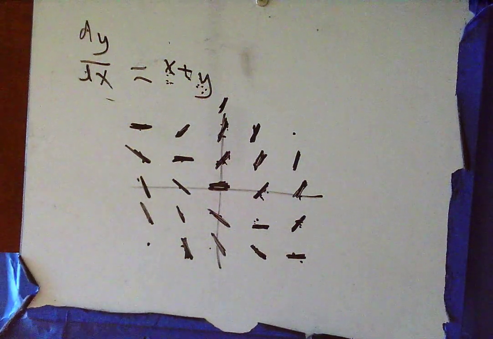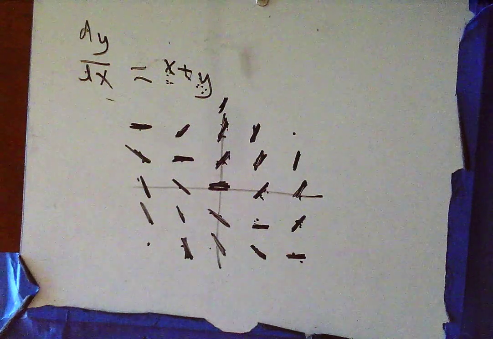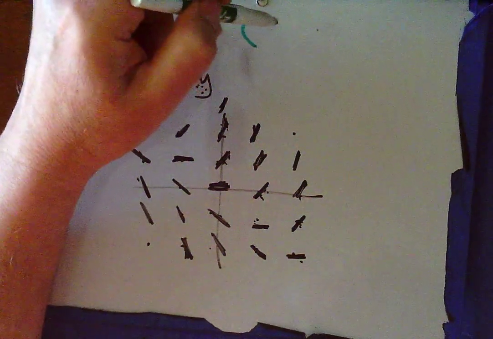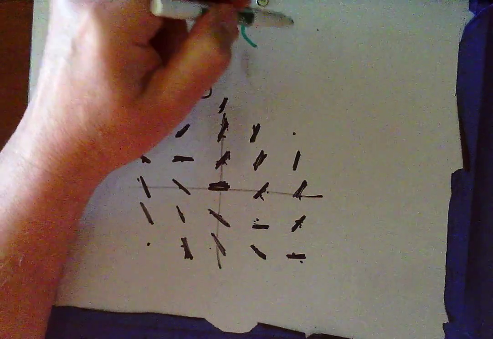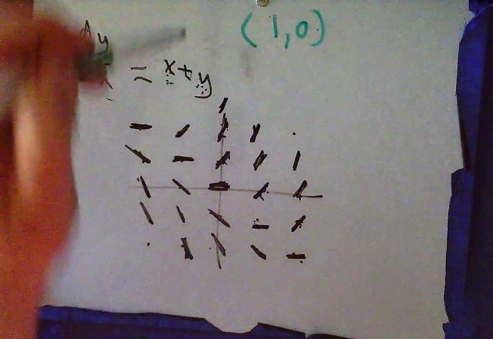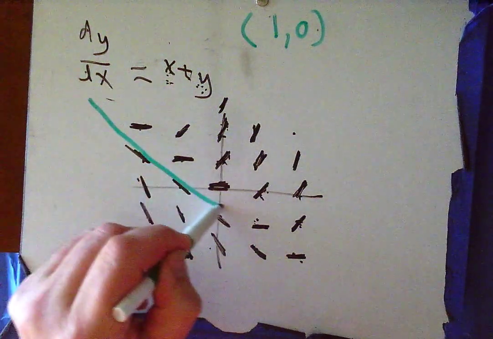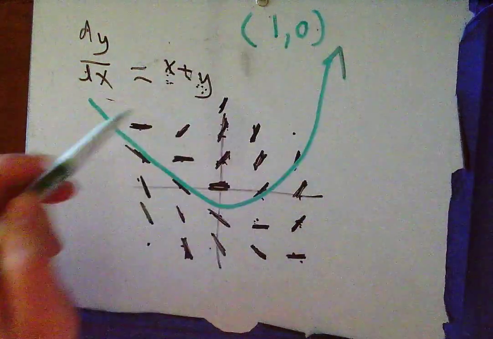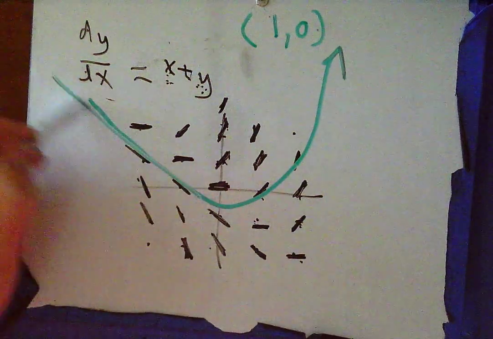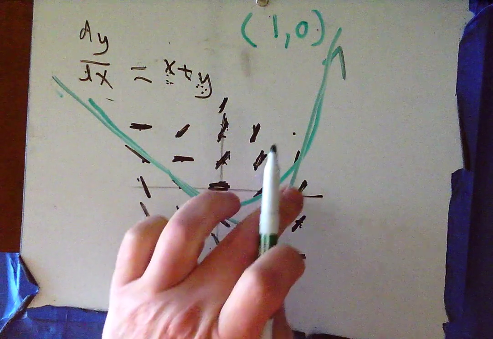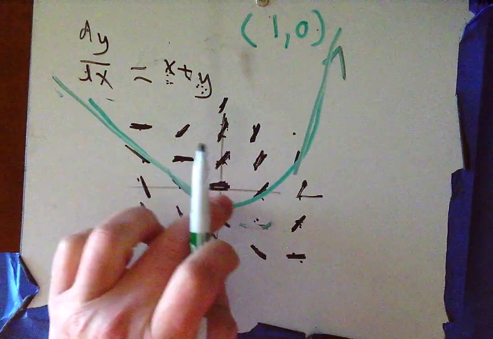Well, let's take a look. If we had the solution must pass through the ordered pair 1, 0, then our graph would look like that. Sort of a slant asymptote here, and then dipping down and coming up kind of affair.